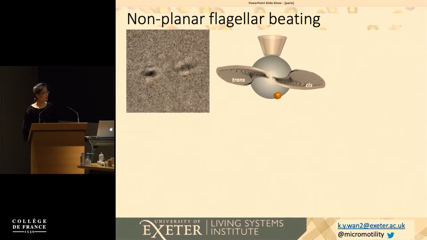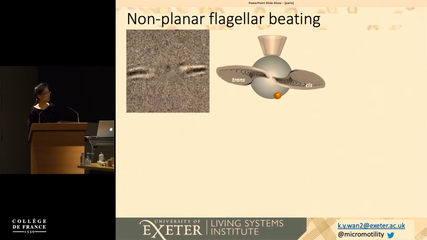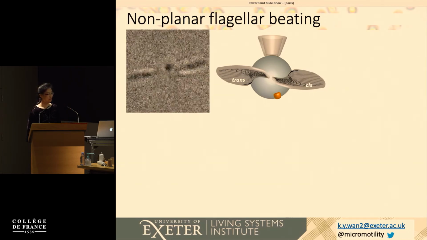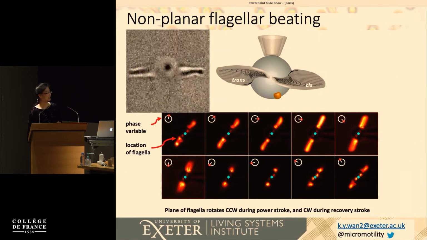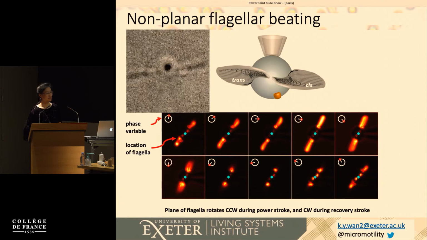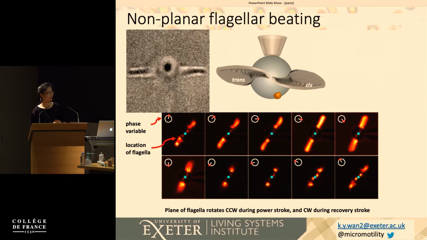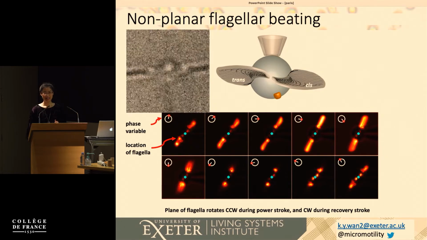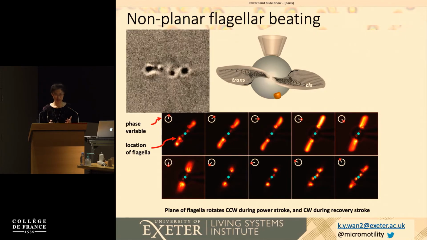So just to make this clear, these are image-processed, extracted positions of these flagella waveforms. And what's happening is that over the course of each power stroke, the flagella extend outwards, so the length increases, but the mean or instantaneous beat plane of the flagella rotates counterclockwise. And then in the successive recovery stroke, this rotation is reversed.